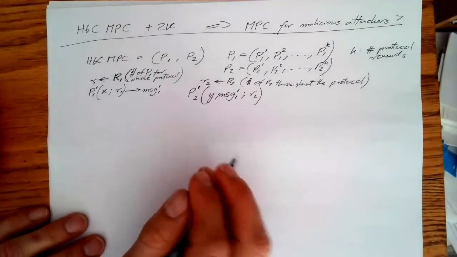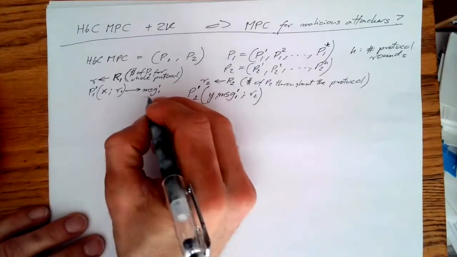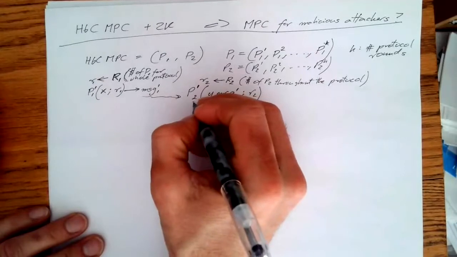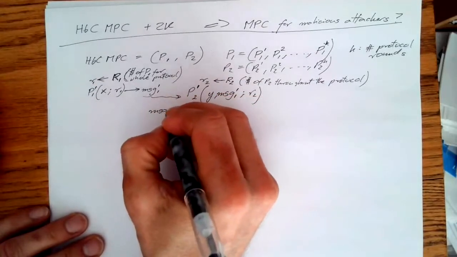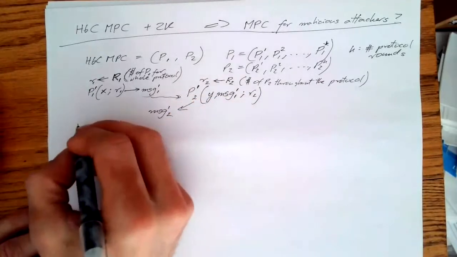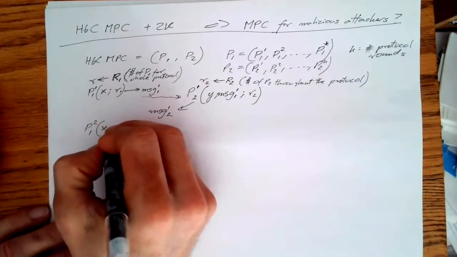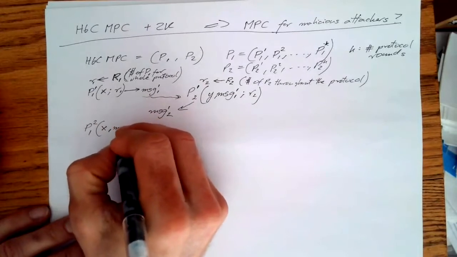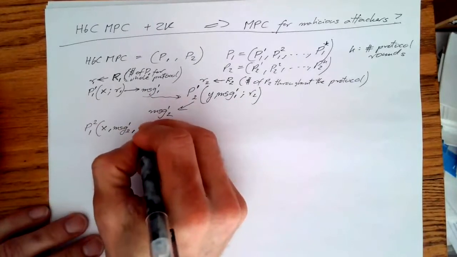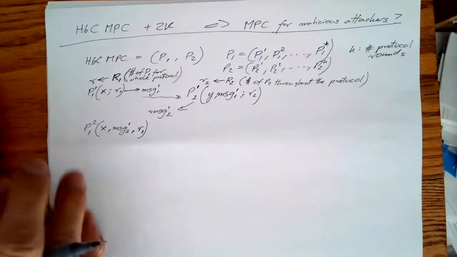So P2, given this message, will output the first message of the second party, and P1's second round algorithm will use these inputs, the message that it received, and the randomness, which was supposed to be picked just once, right?